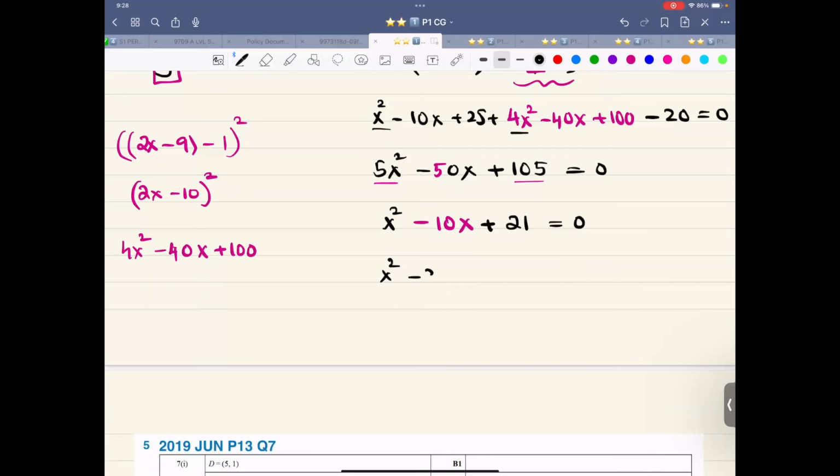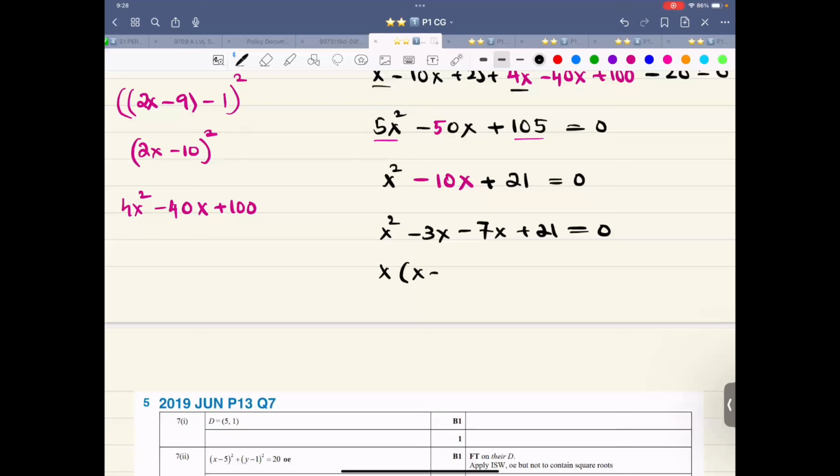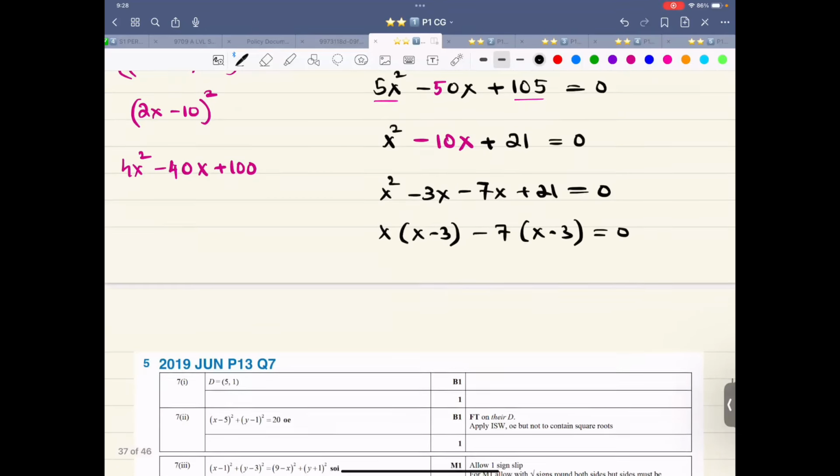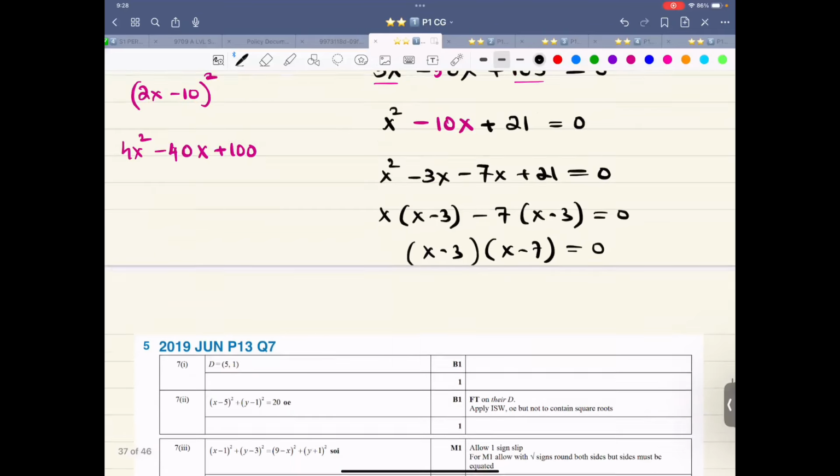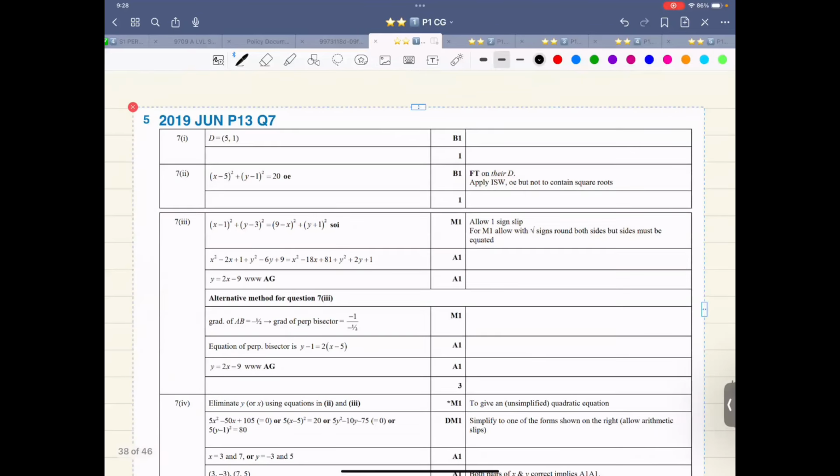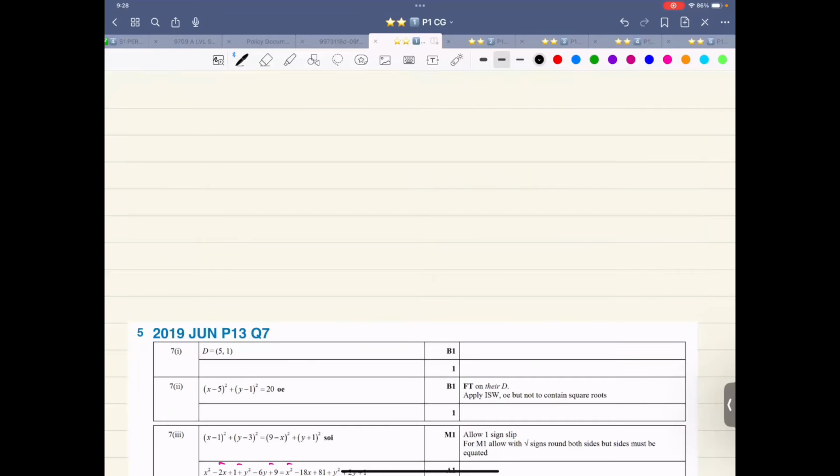x squared minus 3x minus 7x plus 21 equals 0. x bracket x minus 3 minus 7 bracket x minus 3 equals 0. (x minus 3)(x minus 7) equals 0.